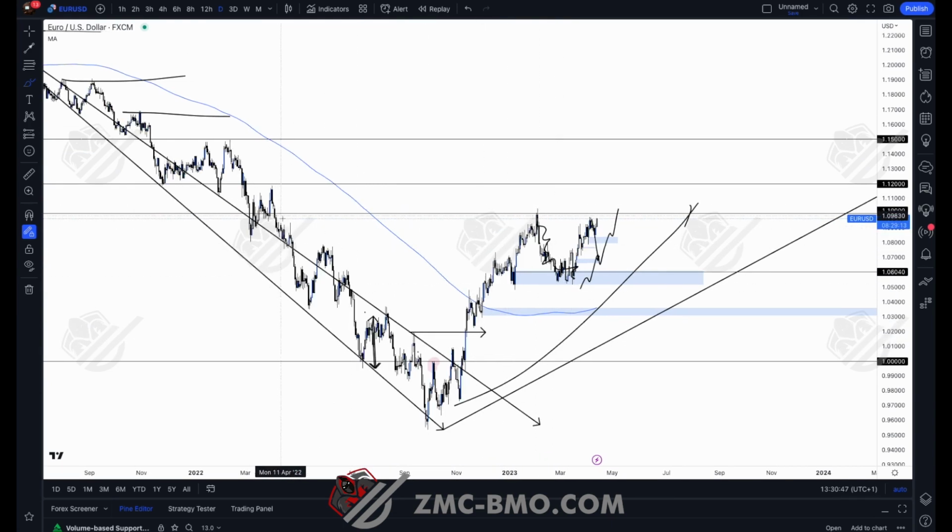So now we just think about it like a magnet, and I'll speak about that in just a moment on GU. But 112 is a magnet. 110 is also a magnet if it would have pulled back, broke all this structure here. And now we're just driving into a next region. So 110 and then another magnet up here. And there's some order blocks there as well. Another magnet up there, another magnet up there.